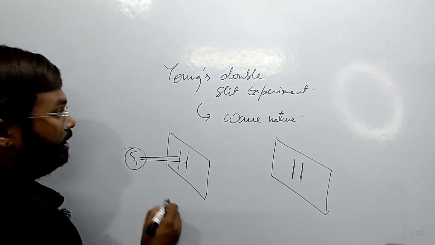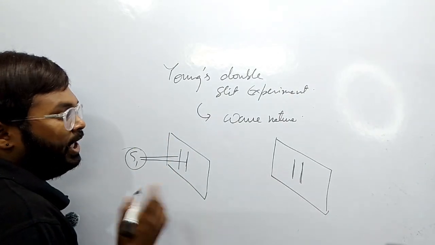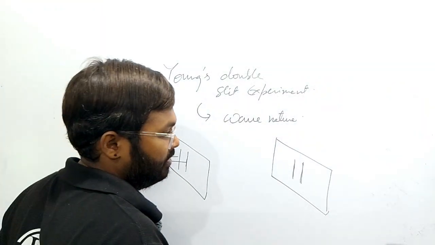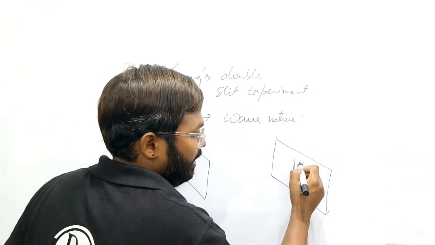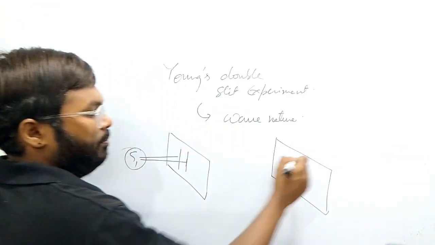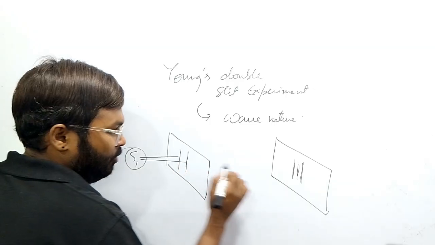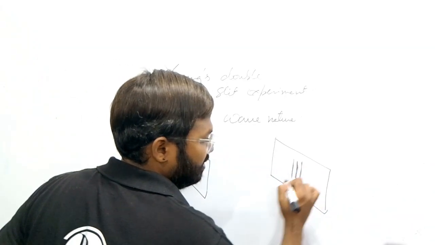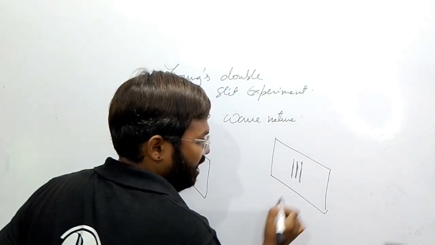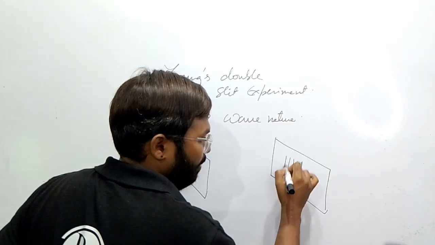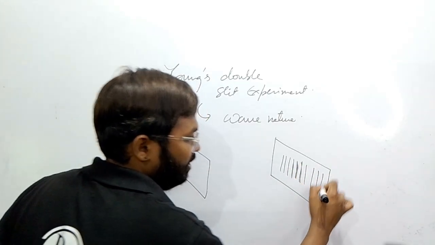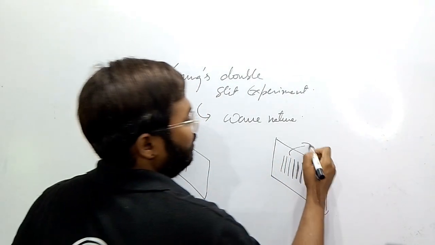Clear? But in this experiment we observed another pattern: in between these lines, parallelly, we have one bright light, and then dark, bright, dark, bright, dark, bright, dark, this way. These are in a fringe manner.